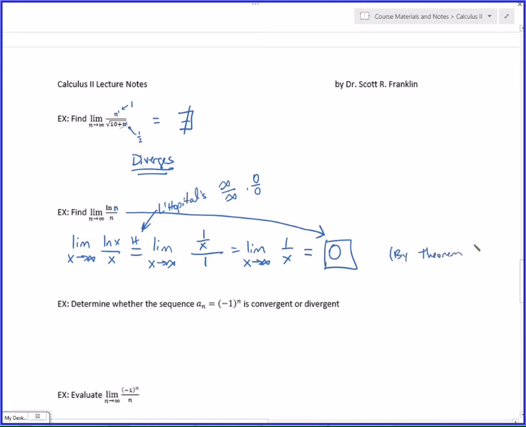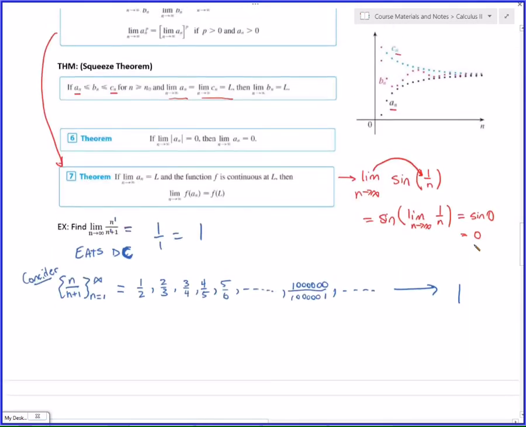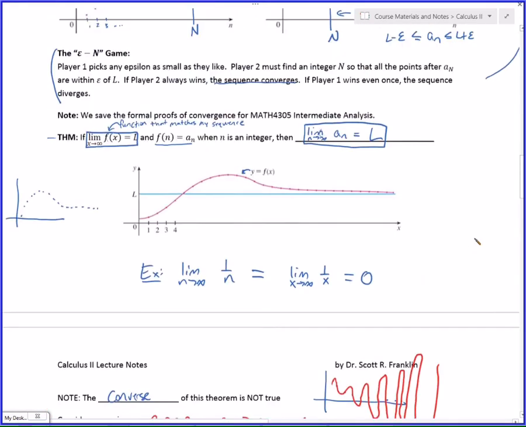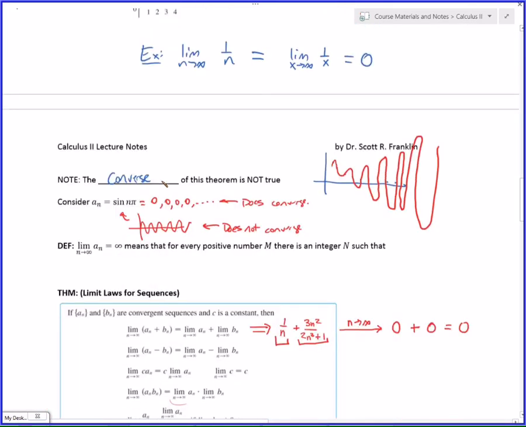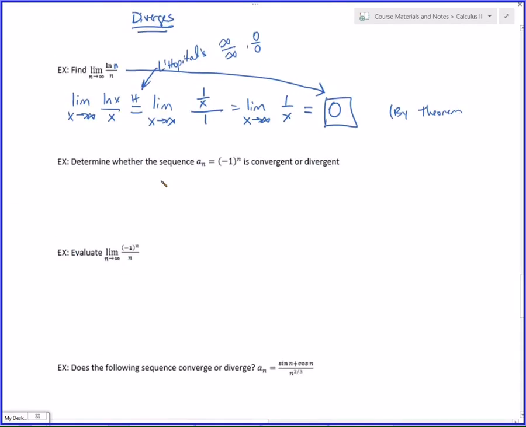I don't think I numbered my theorems. Nope, I should number my theorems. By the theorem from above.